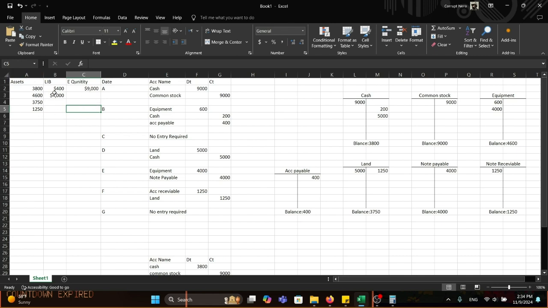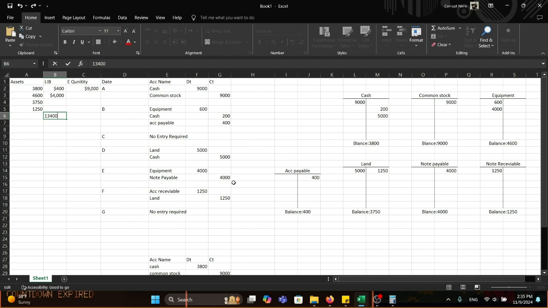You can calculate these to know if you did it right. You can count 400 plus 4,000 plus 9,000 to give you the total. The total is going to be the same as this, so 13,400.